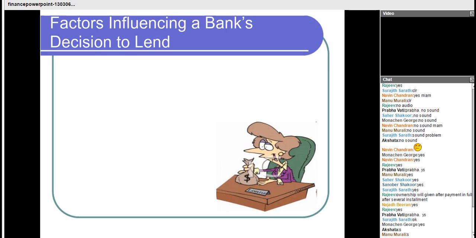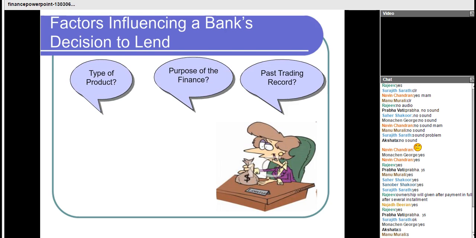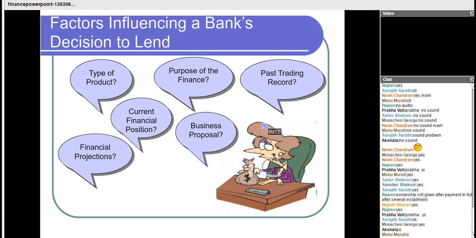So, that's not needed. Now, what are the factors influencing a bank's decision to lend? These are the basic reasons. Past trading record. What is the purpose of finance? What type of product are you selling? What is your financial standing in the market? What type of business proposal do you have in hand if you are a startup company?